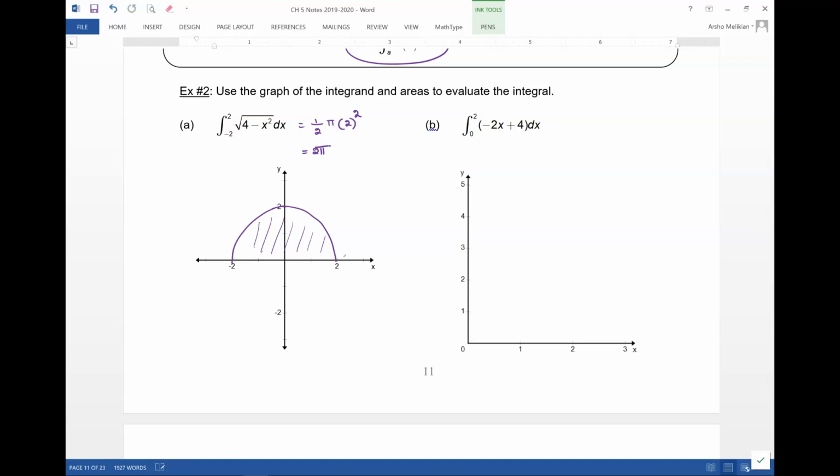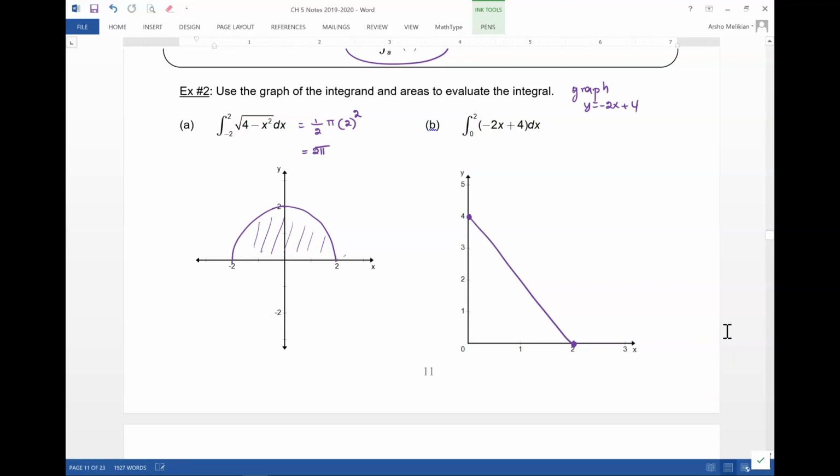All right. Take a look at this one. My function is negative 2x plus 4. Let's graph it. Y-intercept is 4. And when y is 0, x is 2. So we're going to graph y equals negative 2x plus 4, and it's going to look like this.